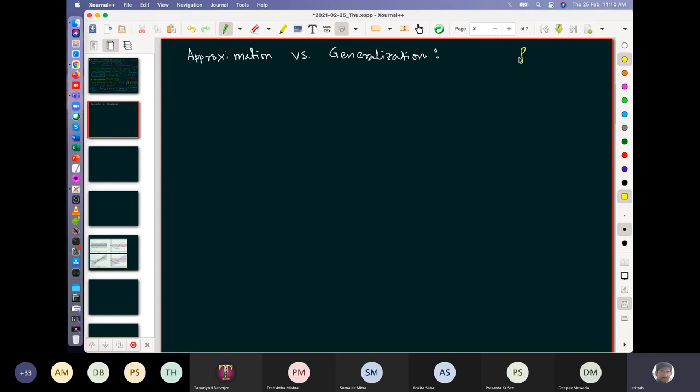You are trying to learn an unknown function f. You are only learning it through the eyes of x1 and its label, in supervised learning, n such points and their labels. You are not given access to this function. You are only given access to the training examples in your hand.